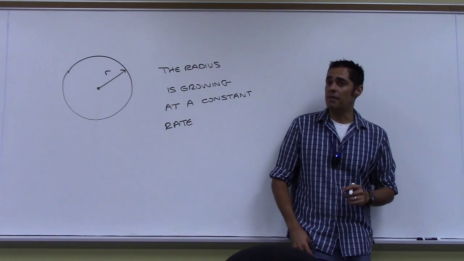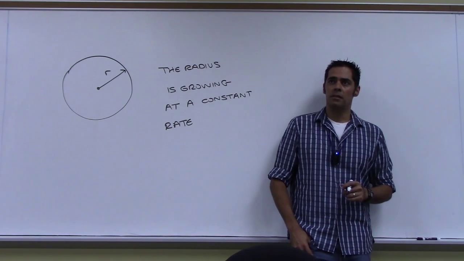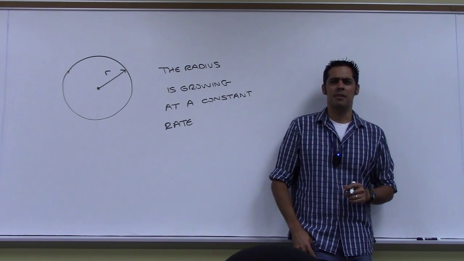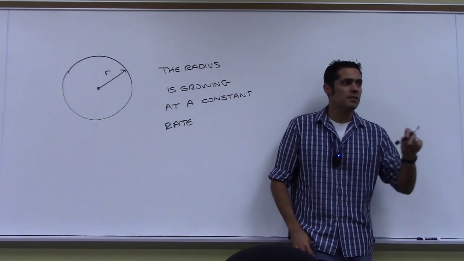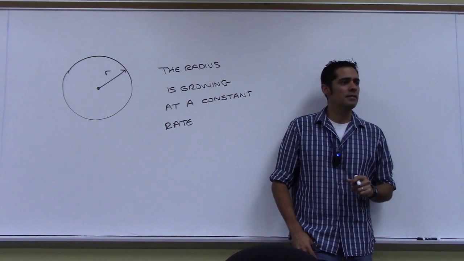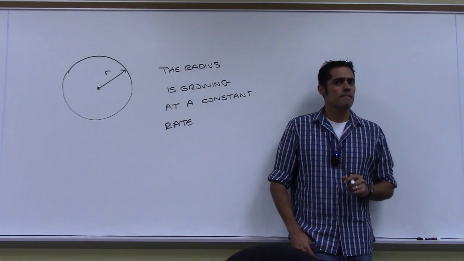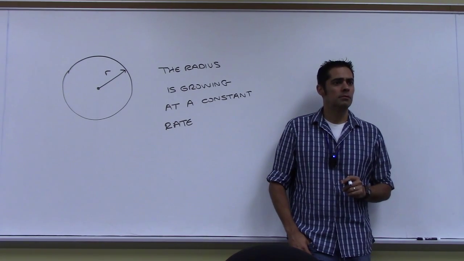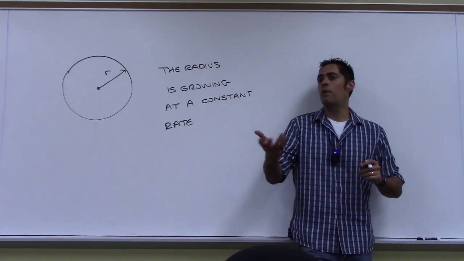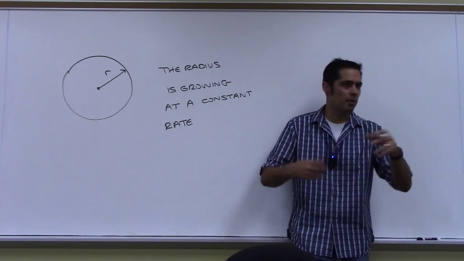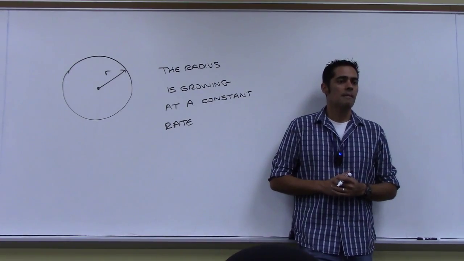It'll be something like that, but how do we measure area of something? It seemed like it was going up by odd numbers, right? So you have to do centimeters squared. If the units were centimeters, it would be centimeters squared per second, per minute, per hour, whatever it is.